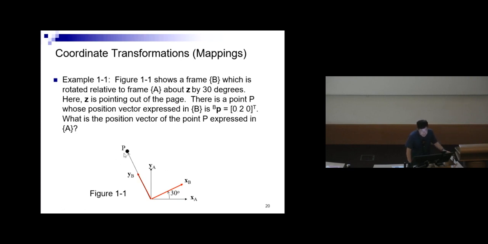This means the x component is 0, the z component is 0, and the point is 2 units along the y-axis of your B frame. You want to determine the position vector of the point P expressed in A. So this point P, now with respect to frame A, XA, YA and ZA, which is pointing out of the paper.